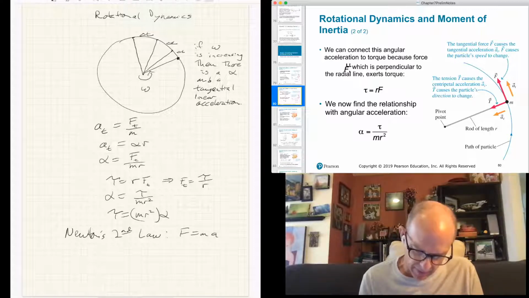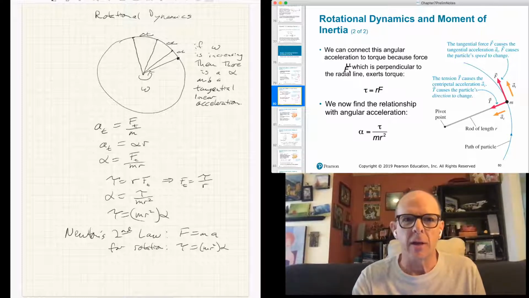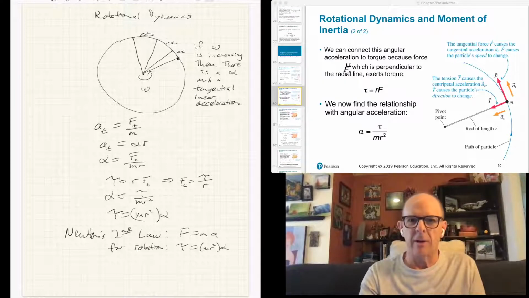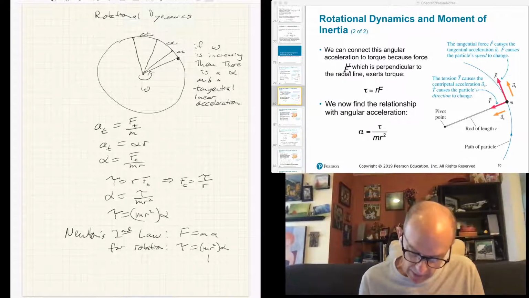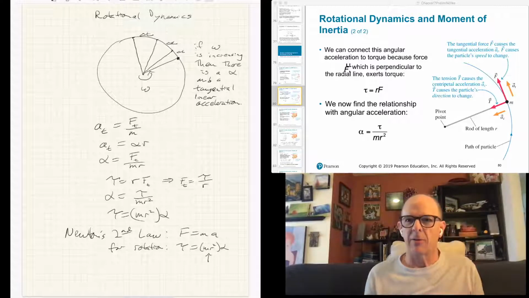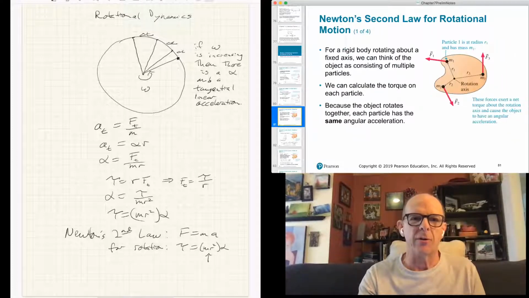Now we have, for rotation, torque equals mr squared times alpha, where alpha is the rotational version of acceleration, torque is the rotational version of force. So this quantity here, mr squared, must be the rotational version of mass. And that's what's called the moment of inertia.